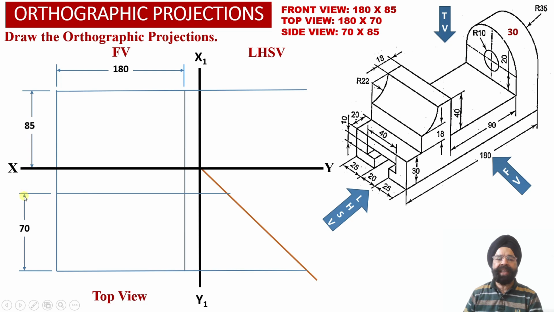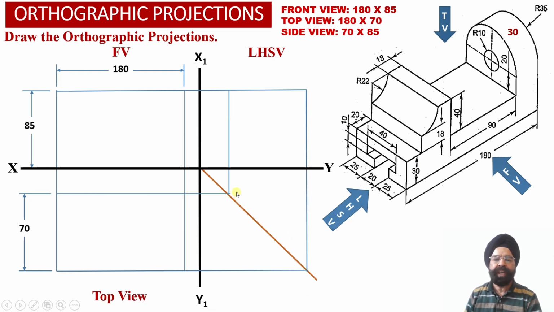So we have marked this depth of the solid into the top view projections by drawing two horizontal projector lines separated by a distance equal to the depth of the solid, 70 millimeter, and these two horizontal projector lines we have appropriately transferred into the left hand side view projection over here by using this transfer line.